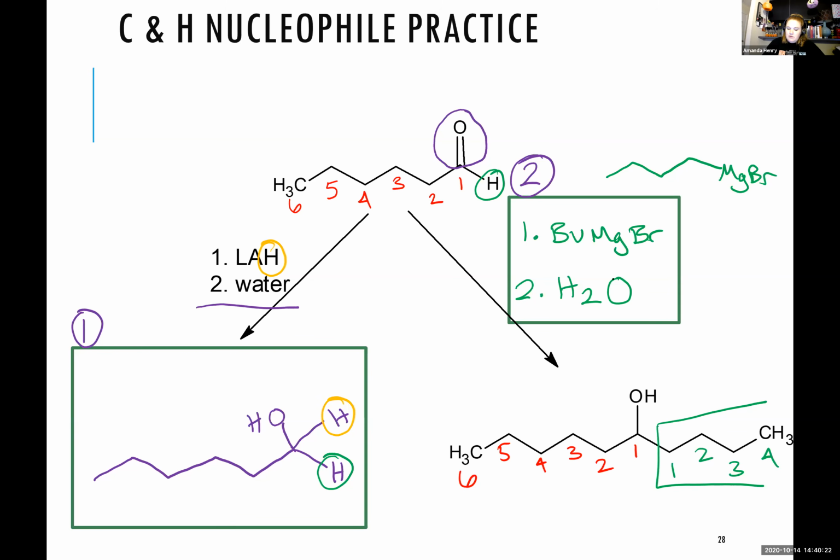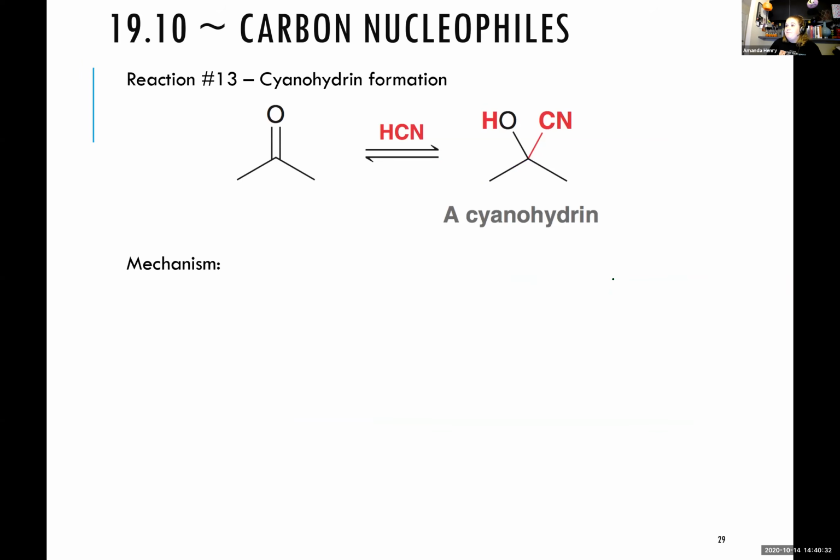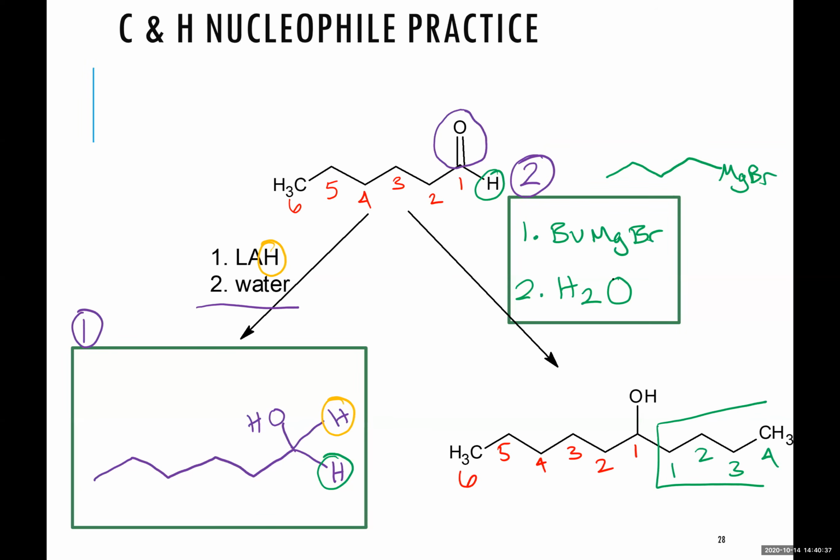Questions on either one of those? Okay. Professor? Yeah. For the Grignard reagents, is there a steric limitation, or is it usually just a primary that is the best? So primary is the best because it's a carbanion.